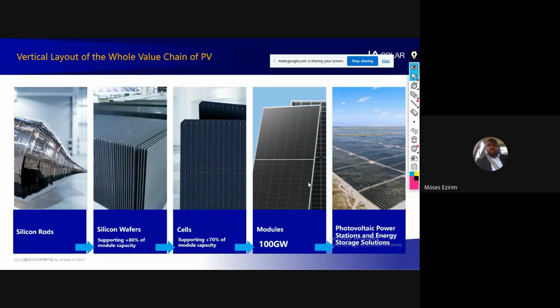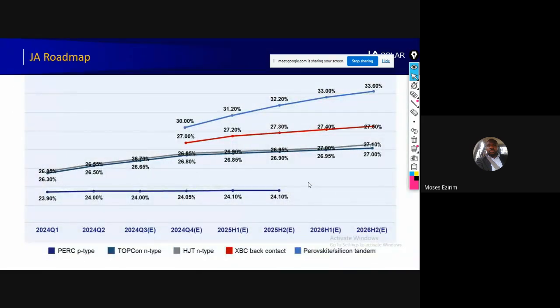Once you have the module, you can use it to deploy. Before I move on, I also want to let you know that JA Solar doesn't only manufacture panels, we also manufacture BESS batteries. But I won't be able to talk about that now because I have limited time.